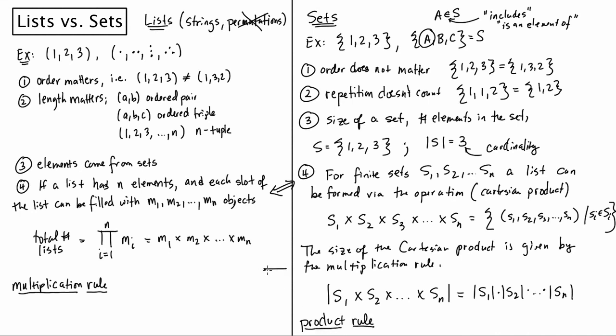These two things are completely analogous and come from the same place, but the notation is a little bit different. Lists are formed by plugging in objects from sets into those lists, and then you count the Cartesian product by figuring out how many objects come from each set and multiplying them all together. This is called the multiplication rule. There's a little difference in the terminology, but I wanted you to see the two things laid out side by side so we can get a handle on some of the notations.